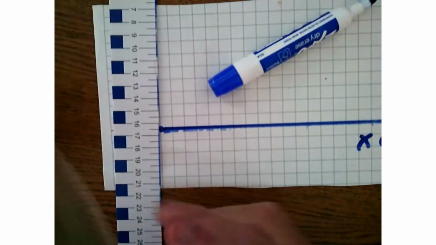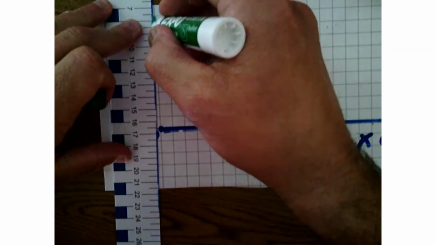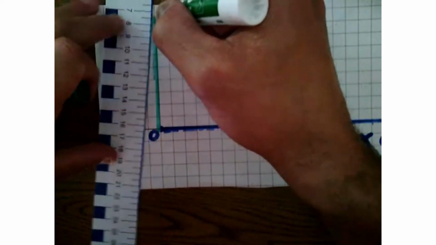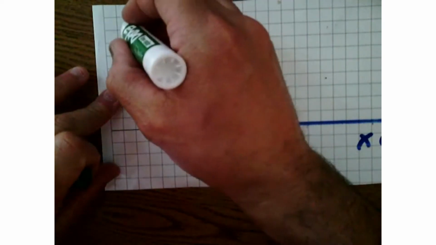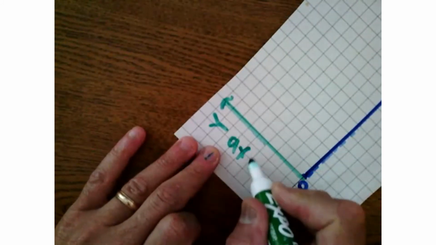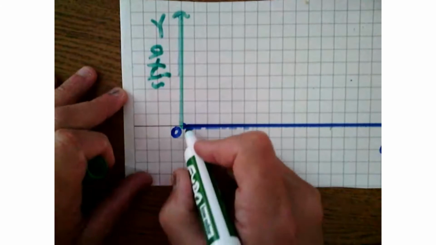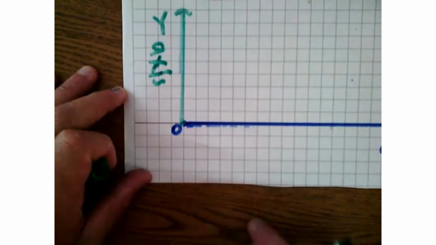And they all start at the origin. So these are our axes, the x-axis and the y-axis. And this is the y-axis. See? X, Y. And it goes right up. That's kind of the order you do it in.